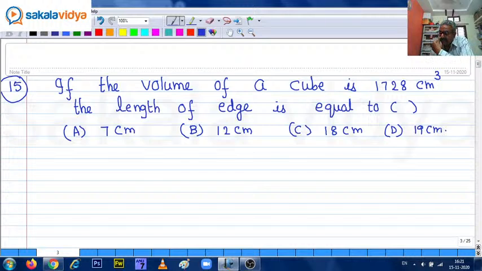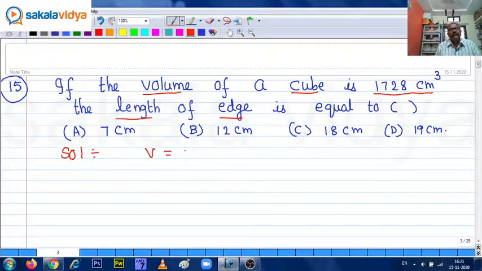So this is the question. Okay, Uttam, very good. The volume of a cube is given as 1728 centimeter cube. Then the length of the edge of the cube is equal to. So we need to find the length of the side. So solution: volume V is equal to 1728, given.